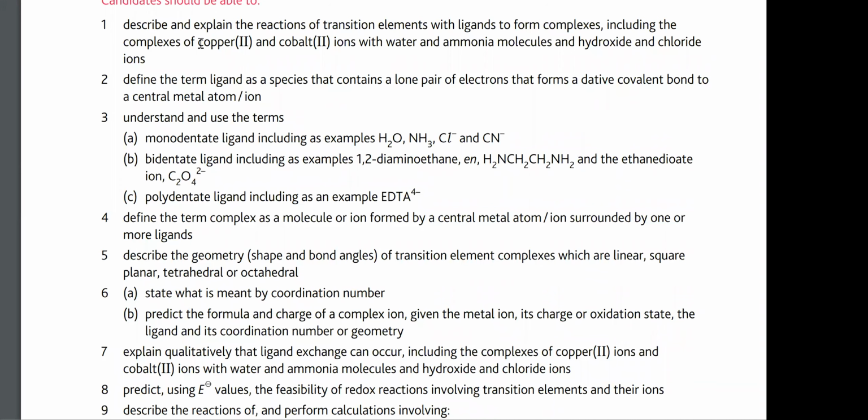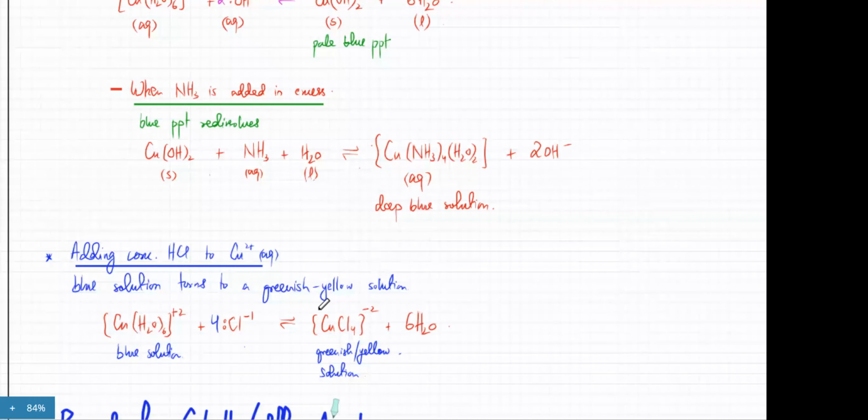For copper and cobalt, we're done with this specific part. Define the term ligand, we did all that. Dative bonds, we did that. Now we're going to understand and use the terms monodentate, bidentate, C2O4, aminoethane, and polydentate. So let's talk about these.